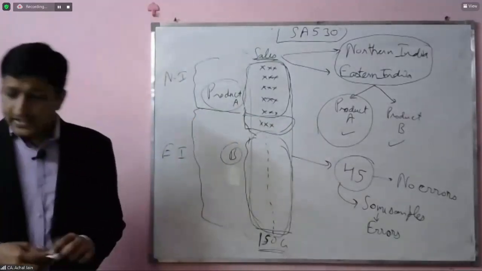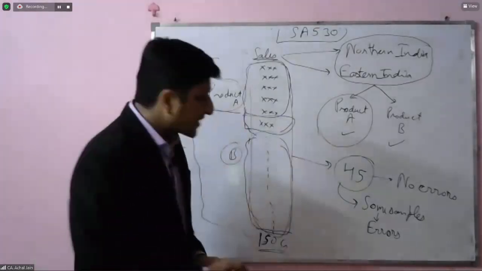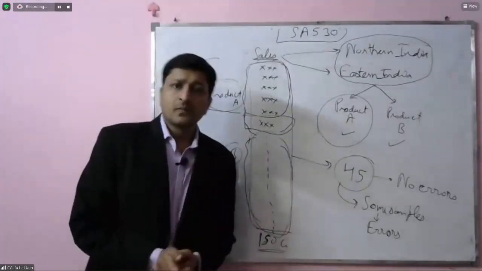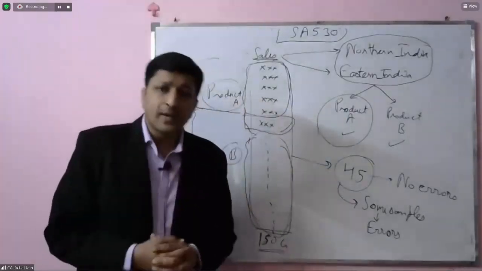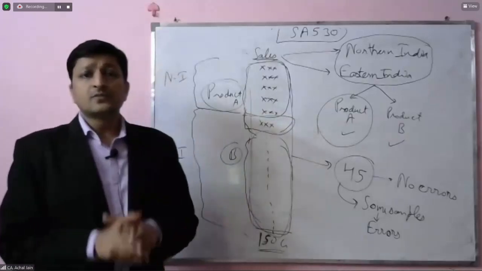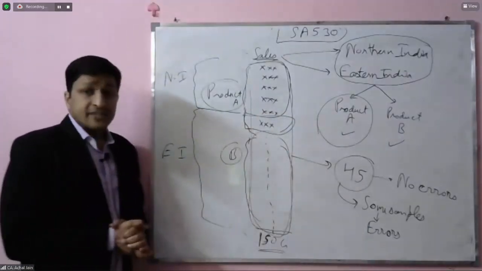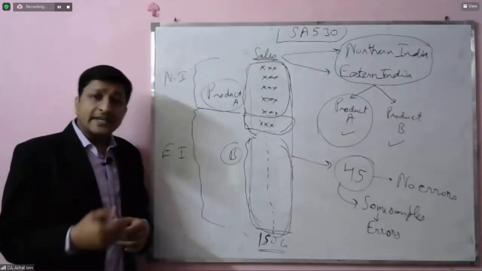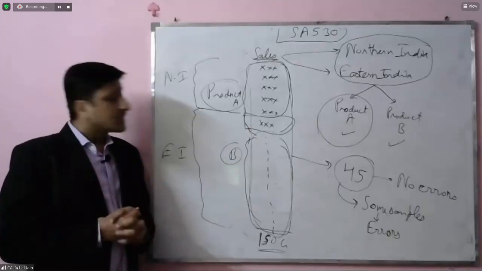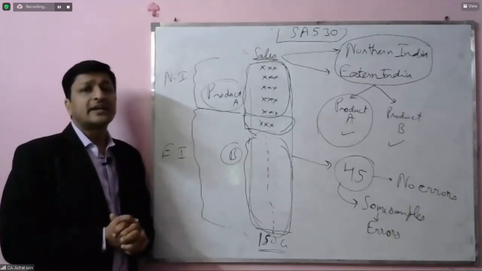Now in this case, there will be two courses of action for the auditor. One, because this was only a sample of the population, this was not the population in totality. That's why the auditor may now want to increase the sample size, considering the misstatements or the number of misstatements which the auditor would have identified.